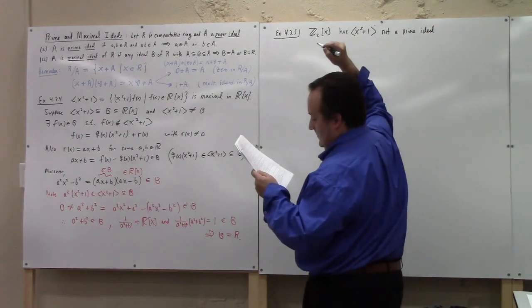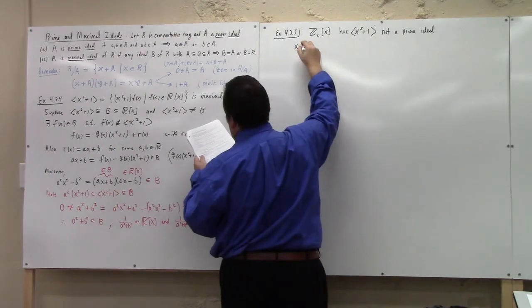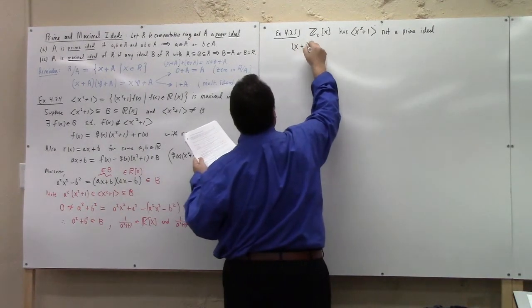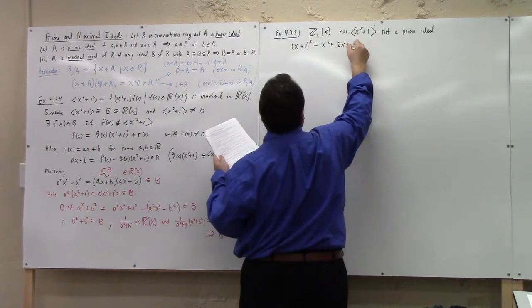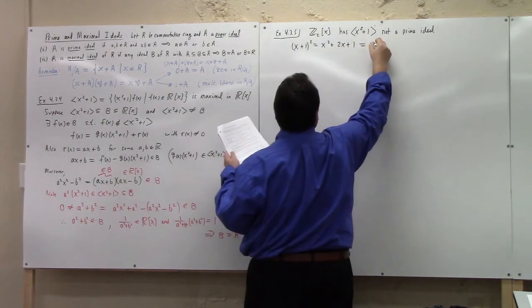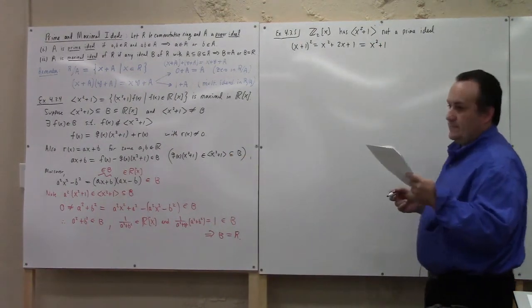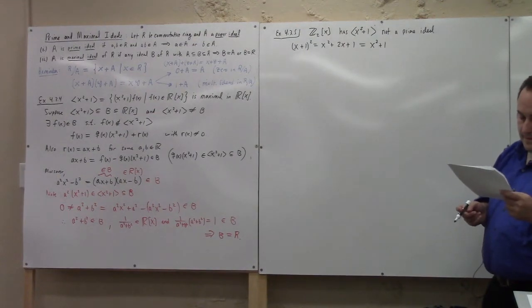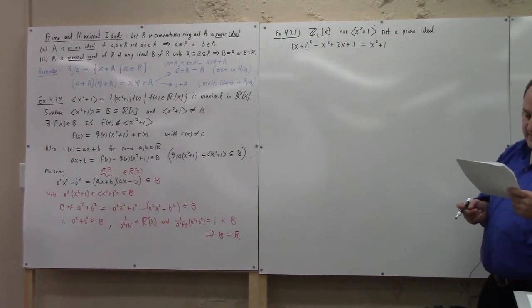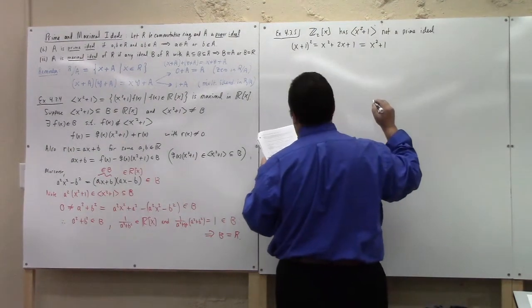All right. Why is that? Well, (x+1) squared is x squared plus 2x plus 1, which is equal to x squared plus 1 in Z2[x].